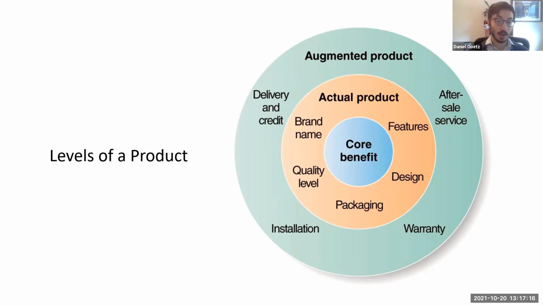Beyond that actual product, that physical thing, we have the augmented product: delivery and credit, installation, warranty, after-sale service. So this is the sense in which core products, with their particular branding, often come with some extra layer of service or engagement beyond the product itself.